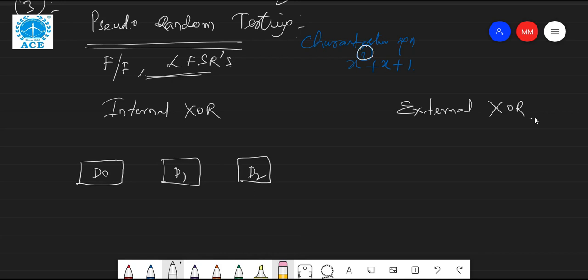Now we have a linear feedback shift register, we need to take a feedback. Now the second one is x only, x to the power of 1, so we need to add an XOR operation at the input level. That's why it is named internal XOR.